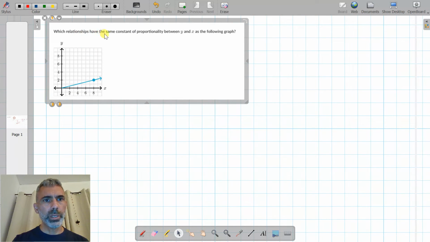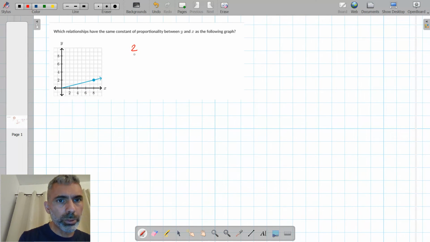Which relationships have the same constant of proportionality between y and x as the following graph? Okay, so we see that y here is 2 and x is 8. So the constant of proportionality between y and x is 2 eighths, because y equals k times x.